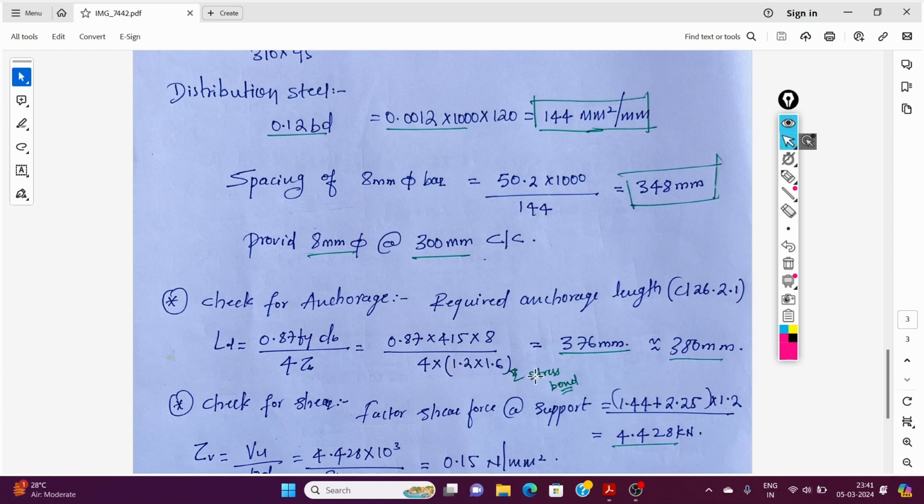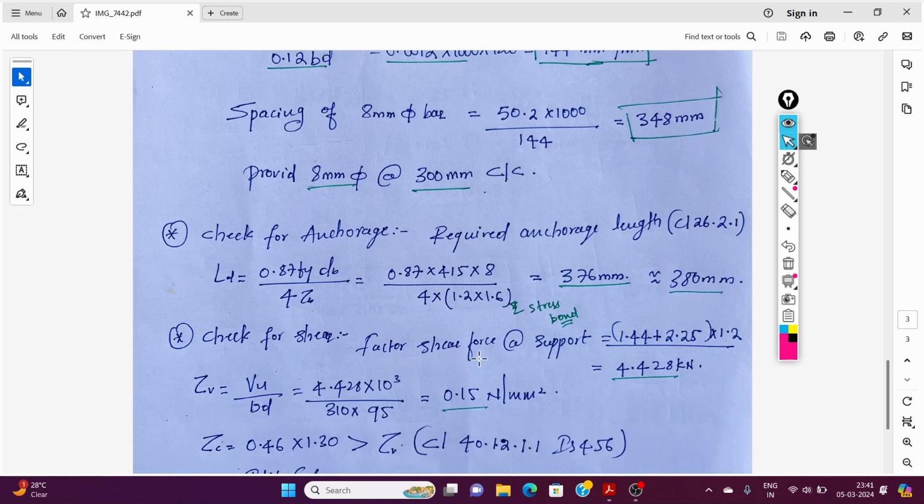According to IS 456, bond stress for M20 grade of concrete is 1.2, and we need to add 60% for high yield steel deformed bar, since this value is for plain bar. So we'll get 380 mm.